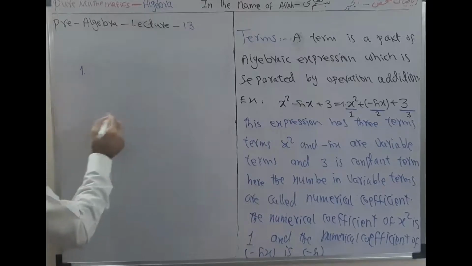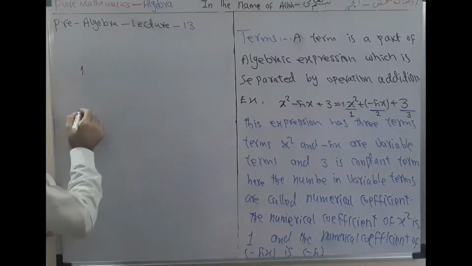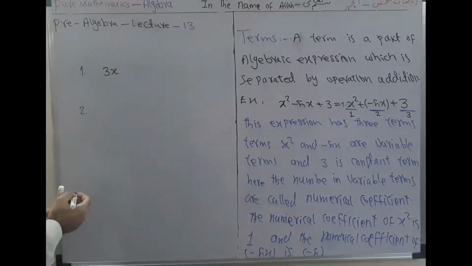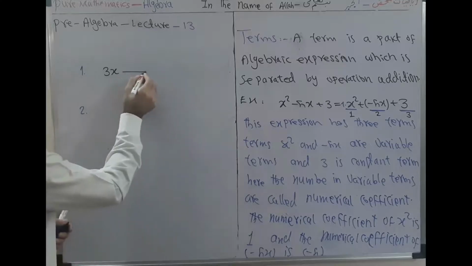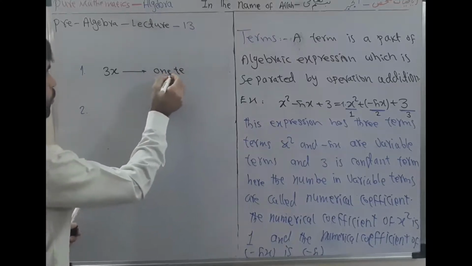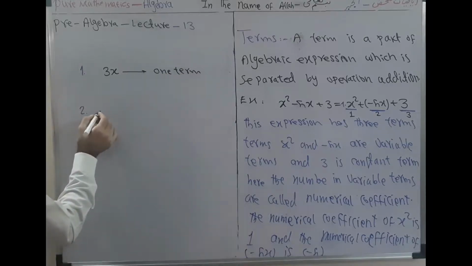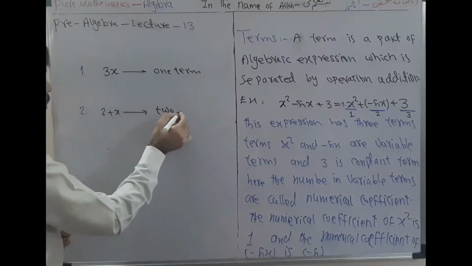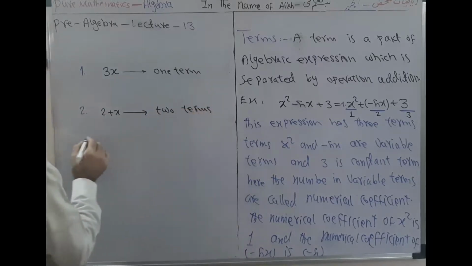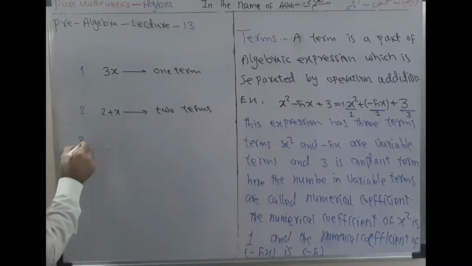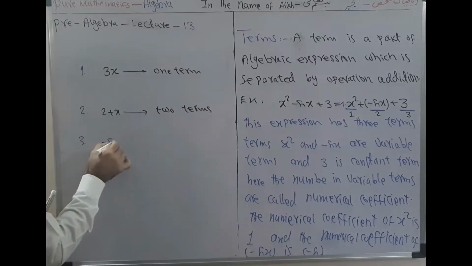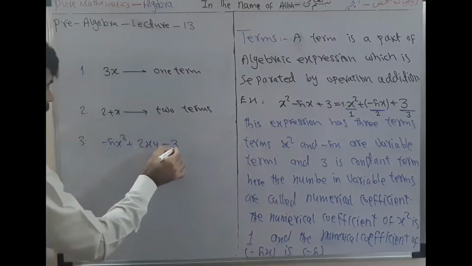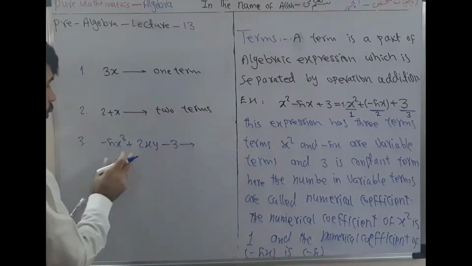Example 1, terms. We want to write some examples of terms. Here 3x is a term. It has one term. 2 plus x has two terms. Number 3: minus 5x cubed plus 2xy minus 3 has three terms.